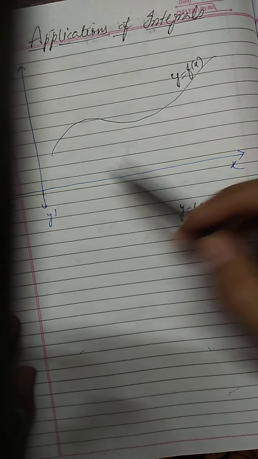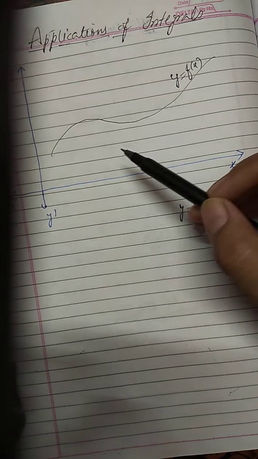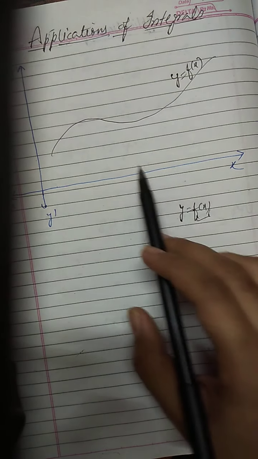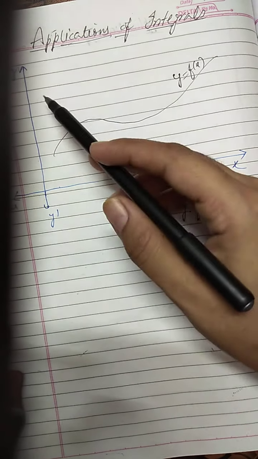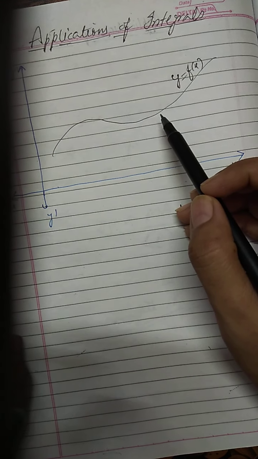So whenever we draw the curve, as I keep on increasing or decreasing the value of x, corresponding to which we get the values of y, and we are getting our curve.